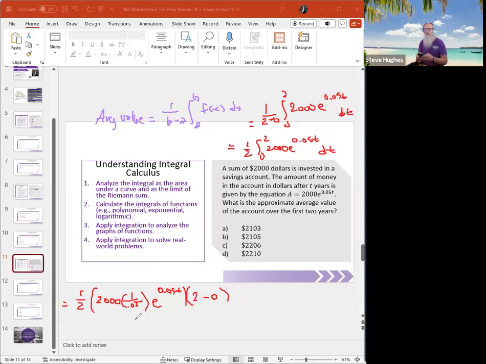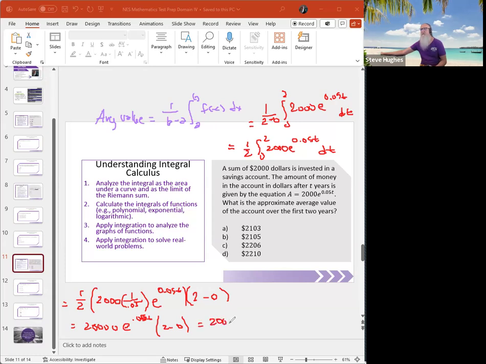All right, that is 1/2 of 2000 is 1000, right? So that's 1000 divided by 0.05, which is 20,000. All right, e to the 0.05t.